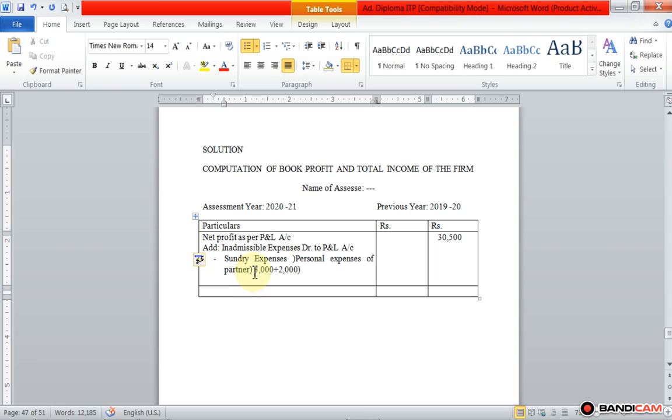So this expense is disallowed; write down in the inner column 5,000 as disallowed.